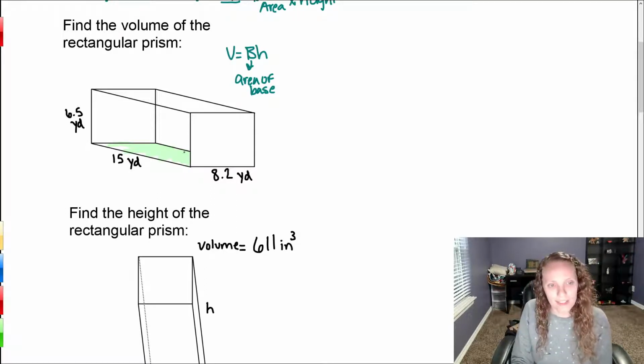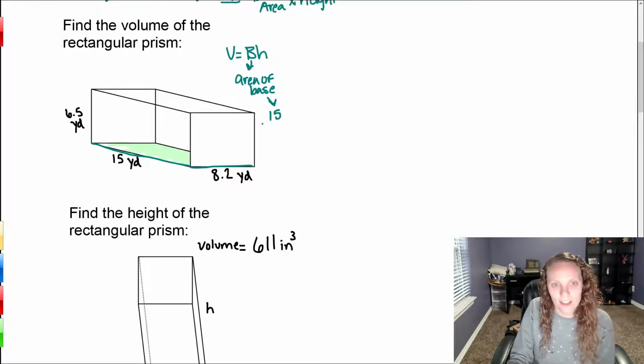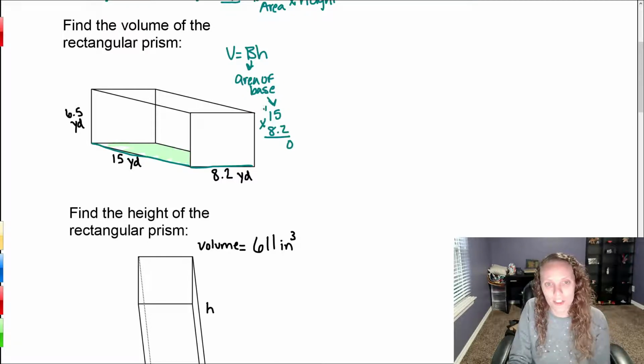So this base down here that's shaded green, one of the side lengths would be 15 and the other side length would be 8.2. So let's go ahead and find the area of the base, and we're going to take 15 and multiply it by 8.2. 5 times 2 is 10, 2 times 1 is 2, plus 1 is 3, add a 0. 8 times 5 is 40, 8 times 1 is 8, 9, 10, 11, 12, and we're going to add it up.